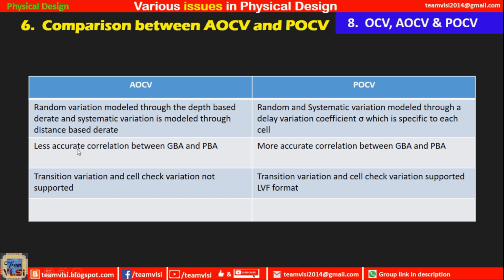In AOCV, there is less accurate correlation between graph-based analysis and path-based analysis, GBA and PBA. In POCV, there is more accurate correlation between GBA and PBA. In AOCV, transition variation and cell check variation are not supported. In POCV, transition variation and cell check variation are supported in LVF format.